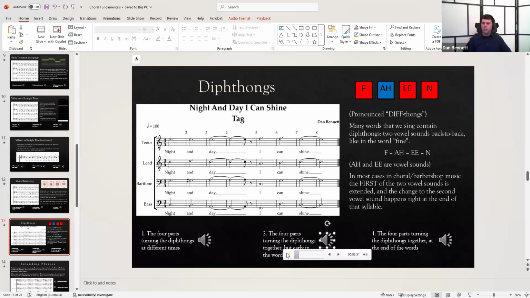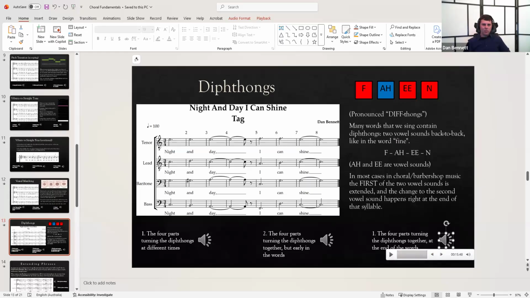Night and day, I can shine. And final example, the 4 parts turn the diphthongs together at the end of the words. Night and day, I can can shine.